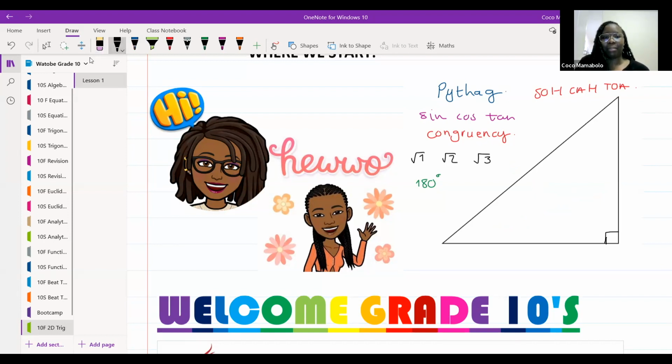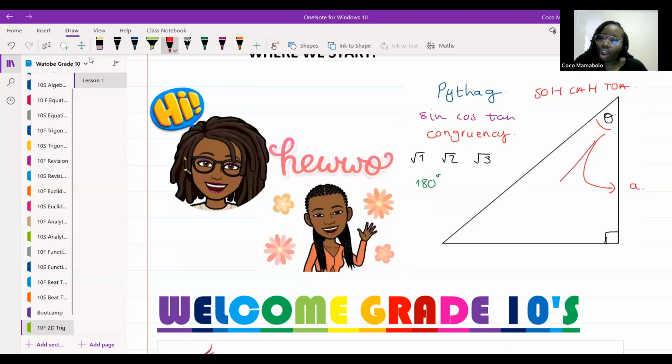Now if I take my angle theta and I move it up here, what are we going to call that side? If this is my angle theta over here, what is this side right next to it going to be called? This one here right next to it is our adjacent side.